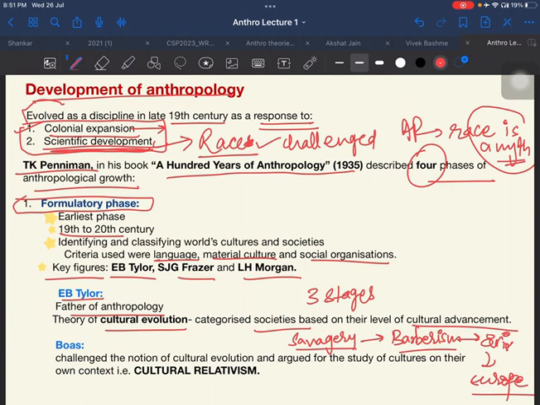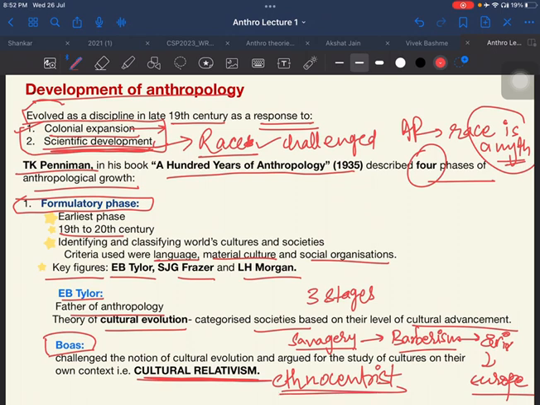Now, this was criticized by Franz Boas, who said that seeing some culture from only one perspective is an ethnocentric point of view. So he gave the idea of cultural relativism. All these ideas we will be studying in detail in the later classes. Right now I'm just giving you some rough idea.